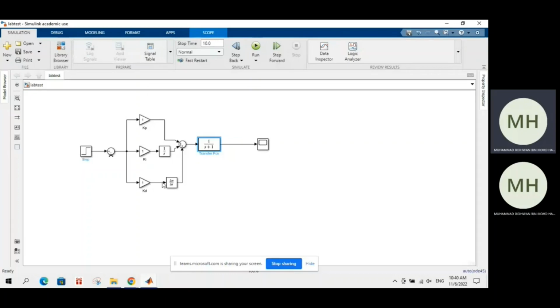The derivative gain requires a derivative block because it is used to derive the value from the source signal. The KI requires the integral block because it is used to integrate the input to change it based on the requirement, and the three inputs will be combined in the transfer function.